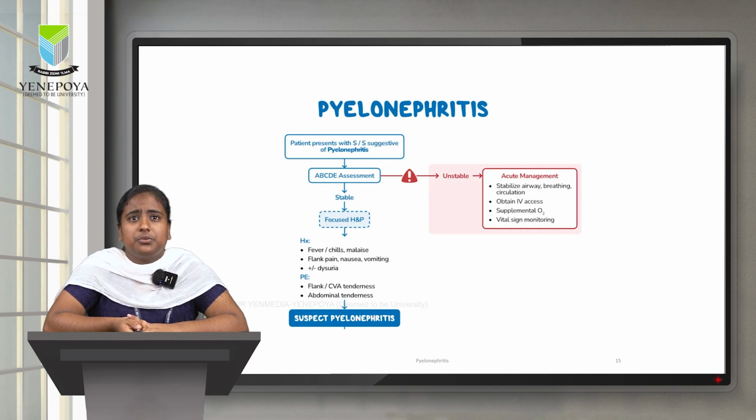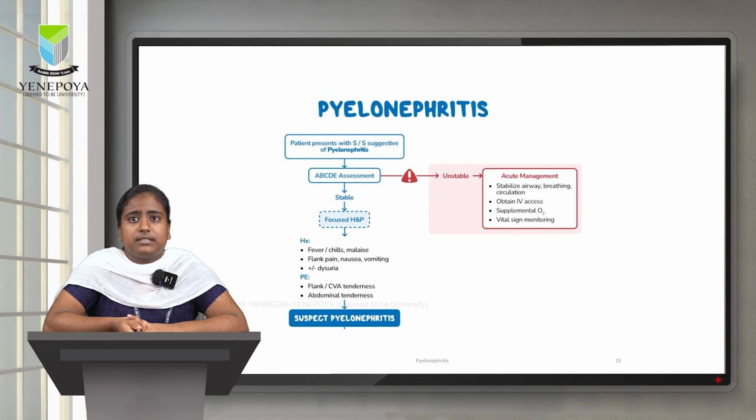So how do we approach a patient with pyelonephritis? A patient presents with signs and symptoms suggestive of pyelonephritis. First you assess A, B, C, D, E, that is airway, breathing, circulation and so on. If the patient is unstable, you should do acute management.